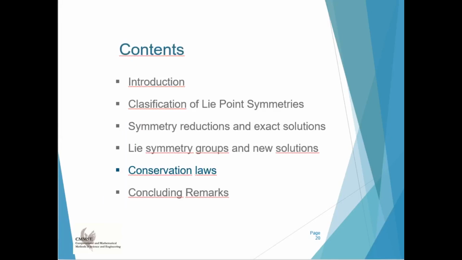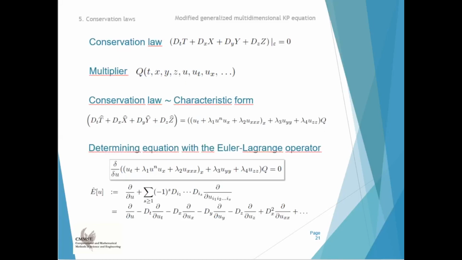In the following section, we study local conservation laws. A local conservation law for our equation is a divergence expression like this, where epsilon is the solution space of the equation. For this, we use a multiplier Q, a function of t, x, y, z, u, and derivatives of u. Every non-trivial local conservation law is equivalent to one that can be expressed in the characteristic form.